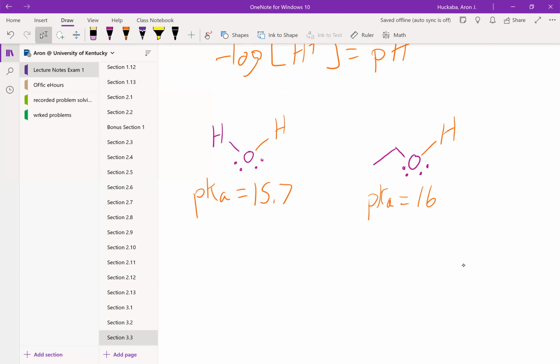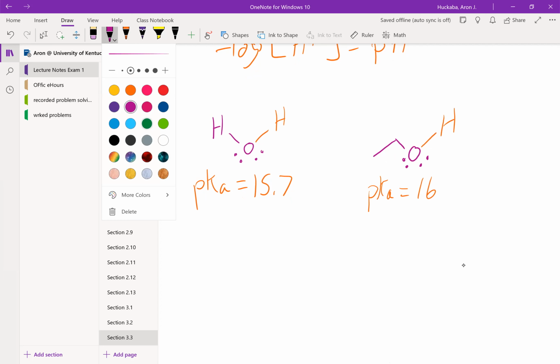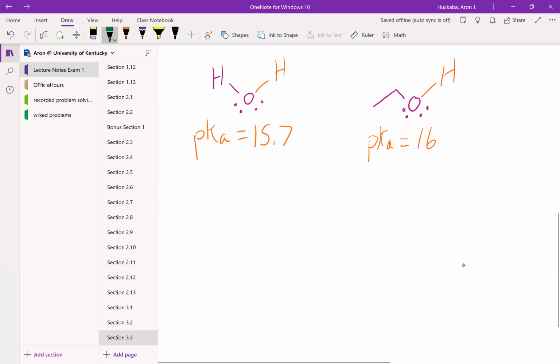It doesn't make sense to have to look in a table each time. What would make more sense is if we knew a series of rules that we could follow that would allow us to correctly guess which proton would be the most acidic in each case. So that's what we'll learn, and we'll learn this by simulating this acid dissociation event in real time like this.